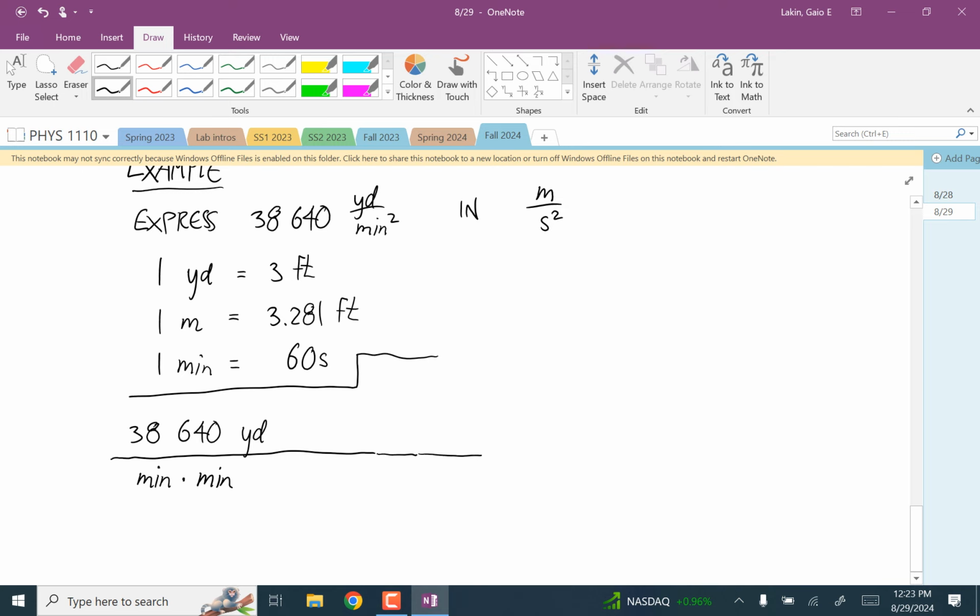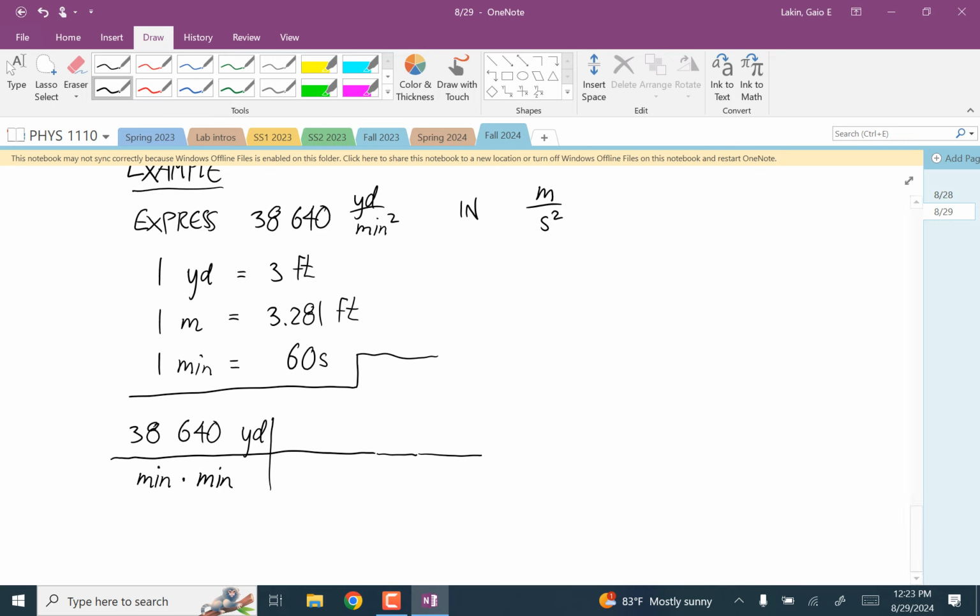And now my strategy is, I'm first going to go from yards to meters, then I'm going to go from minutes to seconds, and then from minutes to seconds again to cancel that last minute. In going from yards to meters, I don't have a direct way, so I'm going to have to do that in 2 steps. I'm going to have to go yards to feet and then feet to meters. And then I'll do the ones with the time.